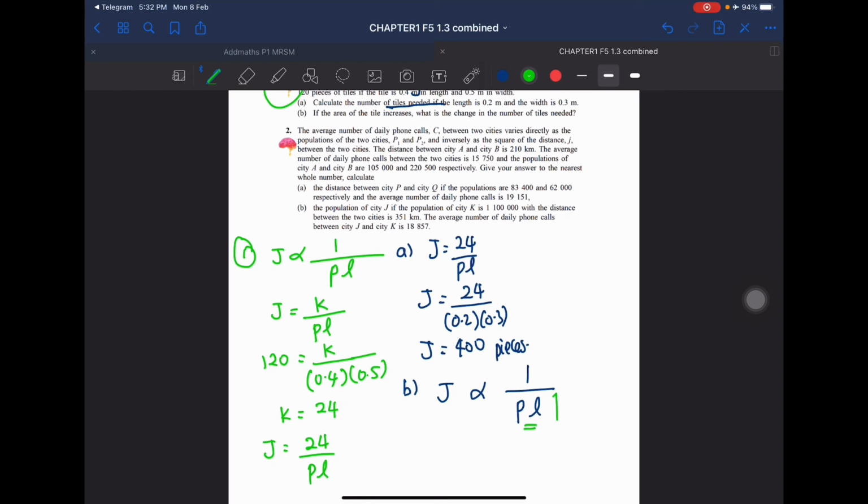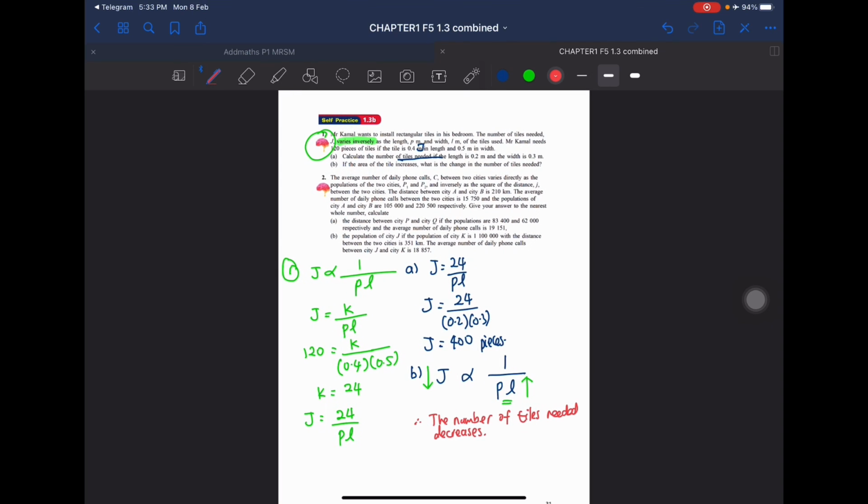If this increases, your J will decrease. So how can we write? You write, hence the number of tiles needed decreases. I hope you are clear for this question.